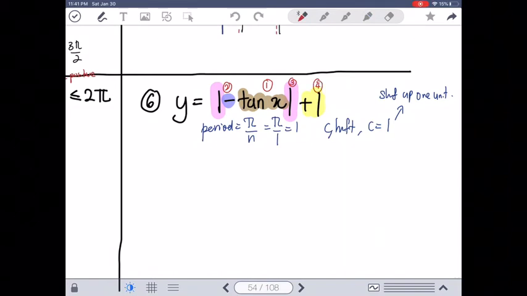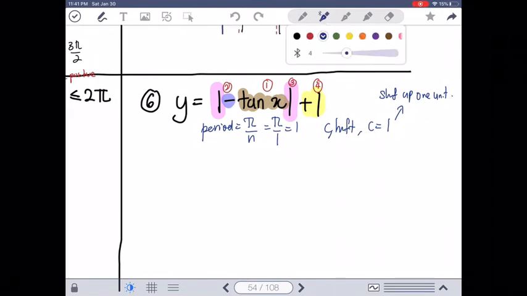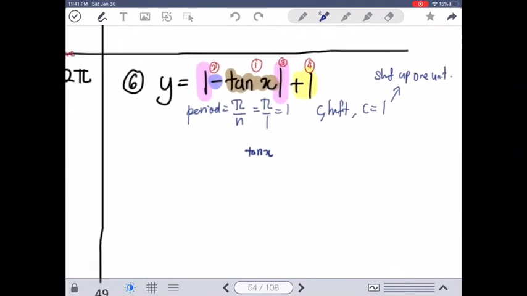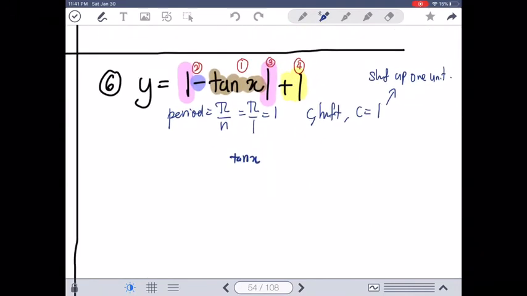Okay, start with tan x first. So the graph for tan x.